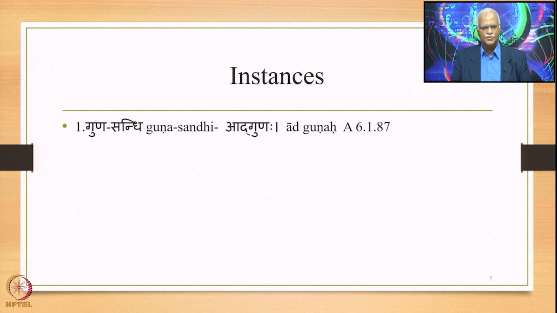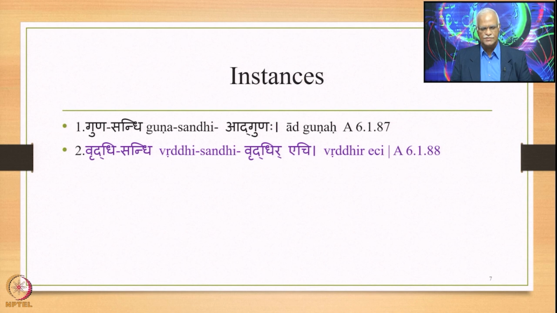We studied the sutra ad gunaha, the words continued in it, the meaning of this sutra, the criterion for selection of the substitute, the template examples, and then the specific examples. We also noted the interrelation of 6.1.87 and 88 and some other rules as well. We have devoted a good amount of time in studying Ad Gunaha.